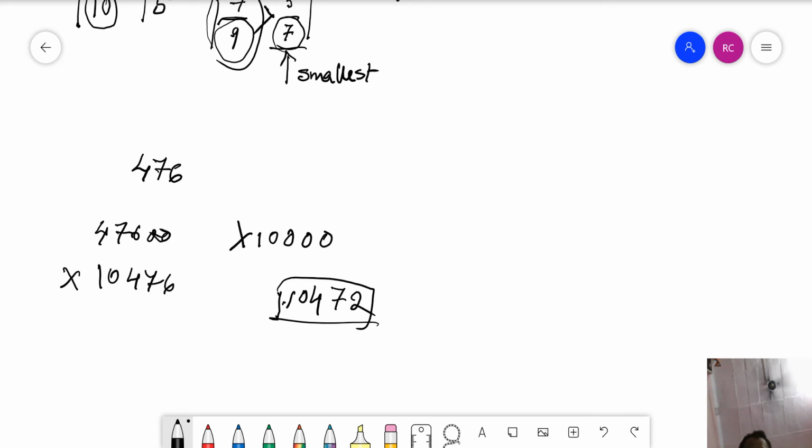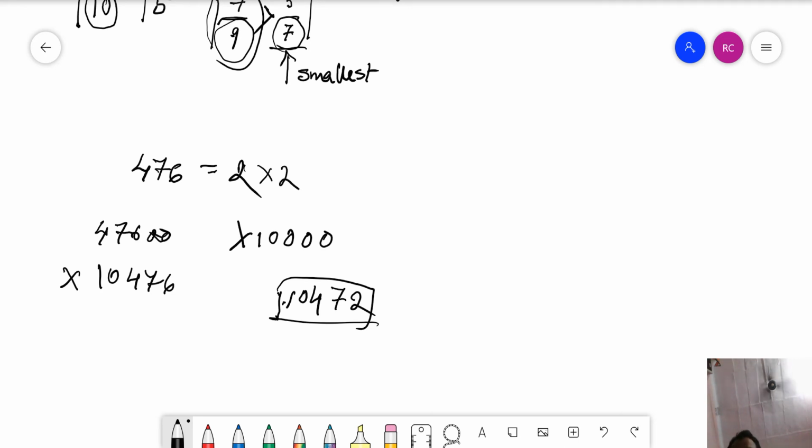How do we test this? We basically do something interesting. We find the divisors of 476. So how many times does 2 appear? It appears only once apparently, doesn't it?